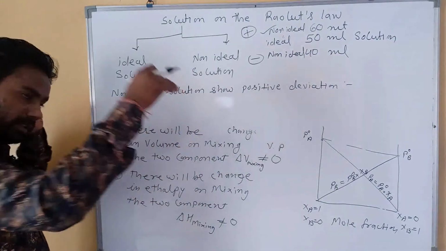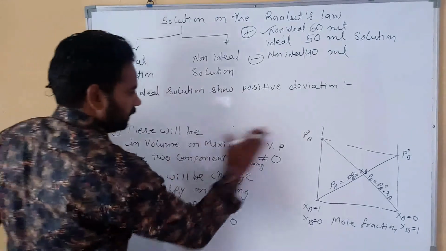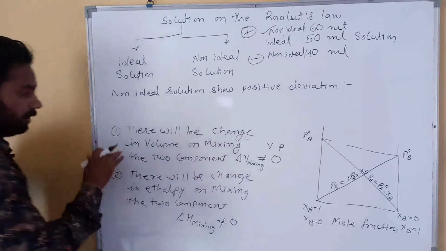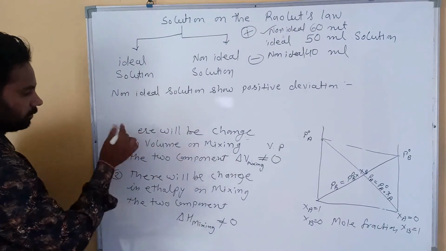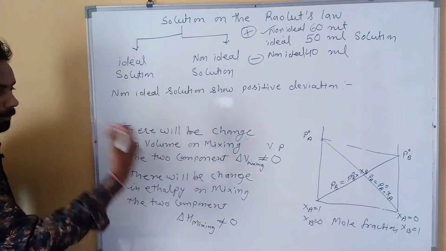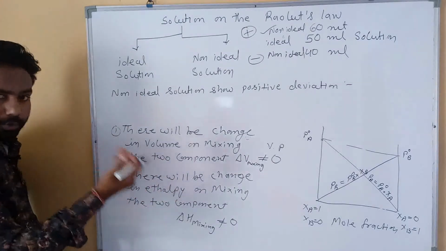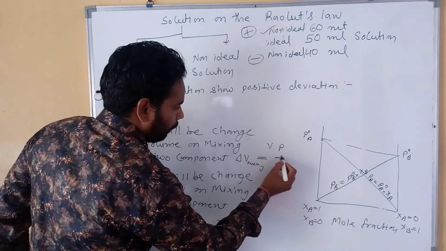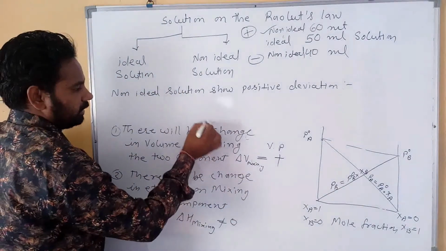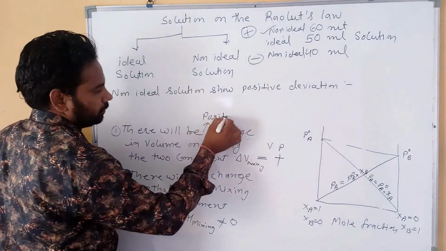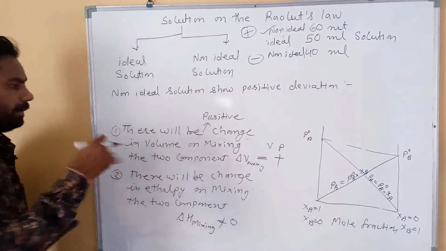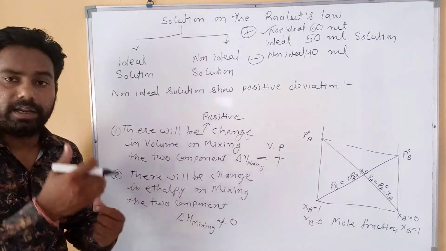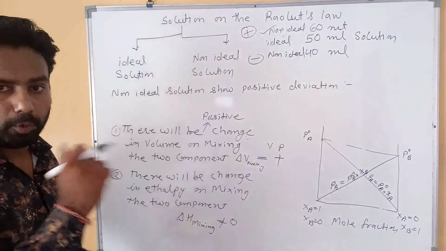There will be a change in volume on mixing the two components, and it is a positive change. There will be a positive change in volume on mixing the two components. Del V mixing is equal to positive.